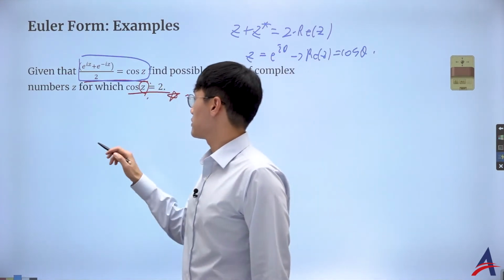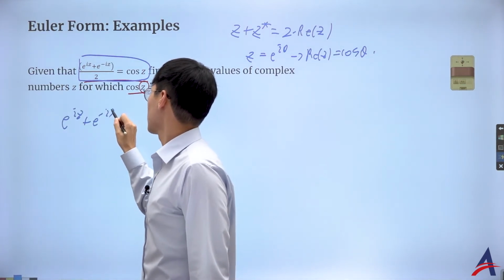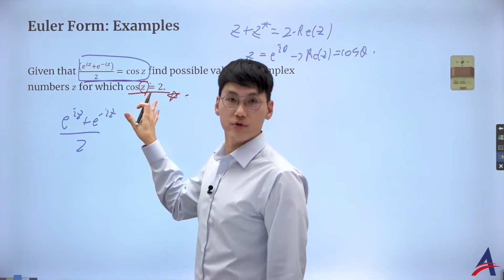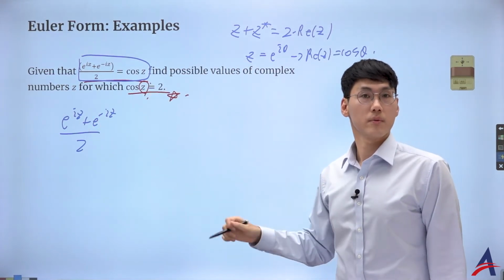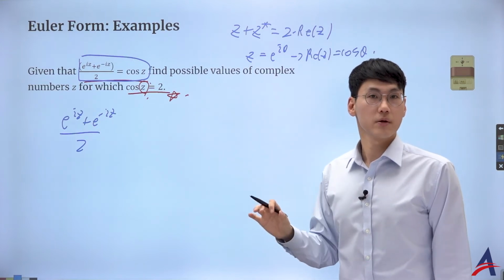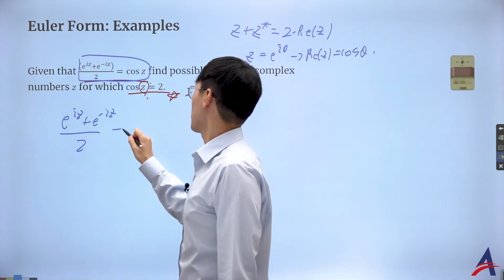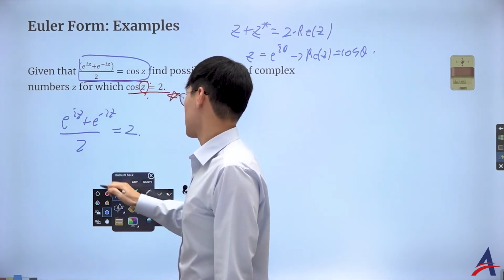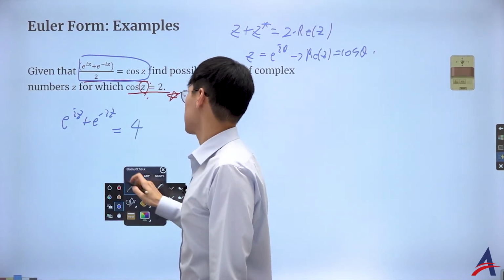So now I can put it into e to the power of iz plus e to the power of negative iz over 2. Forget about the trigonometry because it was causing confusion. For me, it was a nonsense if it wasn't a real number. But now we're converting to the complex number. Let's see how it would do with this exponential form, the Euler form. That's lovely because I can multiply by 2 on both sides to make the right-hand side 4.